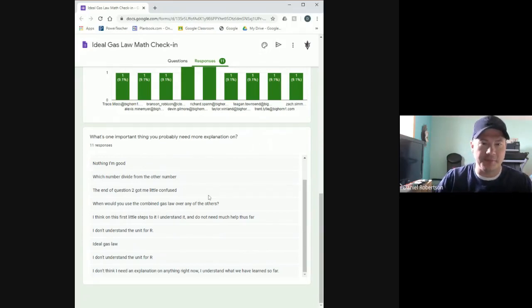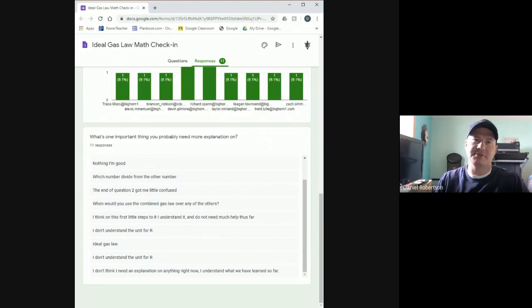All right. So the first one here says, which number divide from the other number. I'm not exactly sure what you mean by that. But what I can tell you is that you really are just going to try and isolate for one of the variables. So when you divide, it's usually because, if you're solving for n, you will divide both sides by RT.